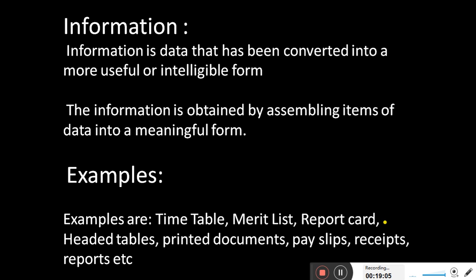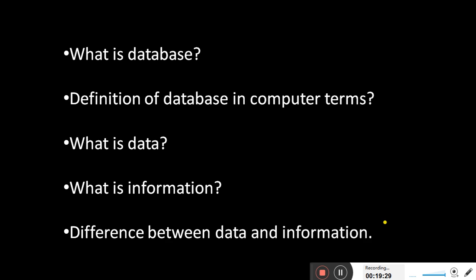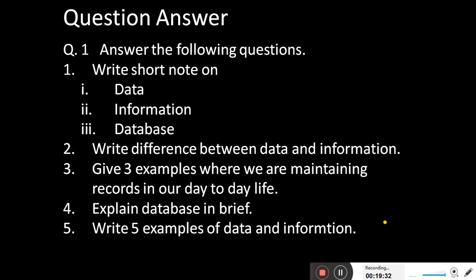The information is obtained by assembling these items of data into a meaningful, systematic form. Examples of information are timetable, merit list, report card, right? These are the examples of information. Correct?